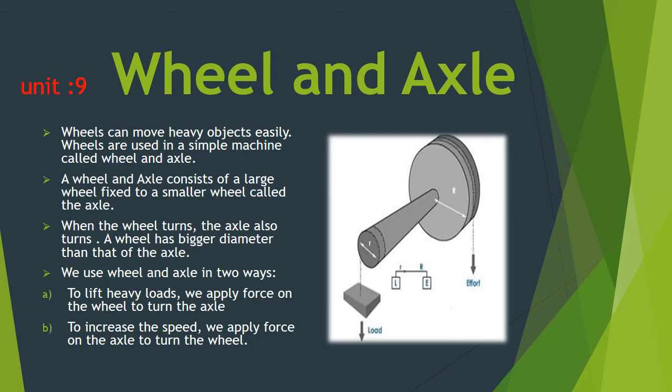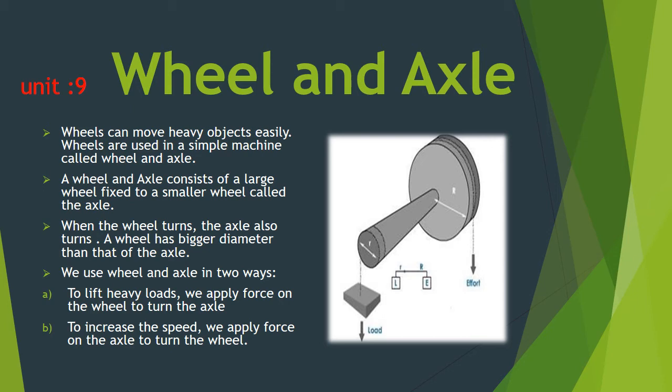So when this wheel turns, this axle also turns, and this wheel has a bigger diameter compared to the axle. A wheel and axle has a bigger wheel and a smaller wheel. The smaller wheel is known as the axle, and the bigger wheel has a greater diameter.